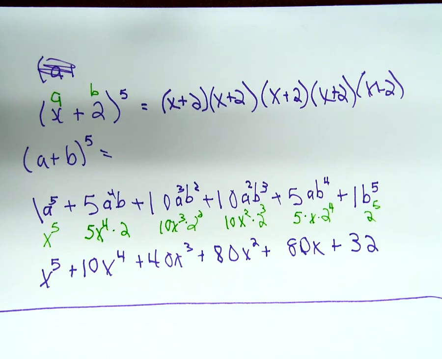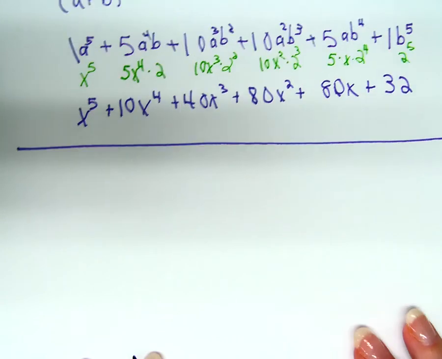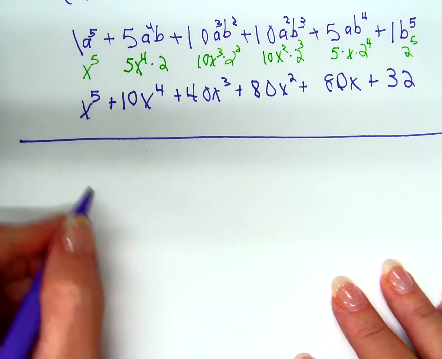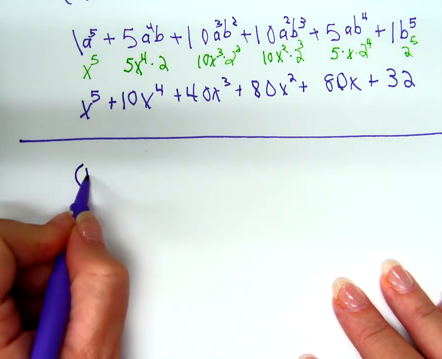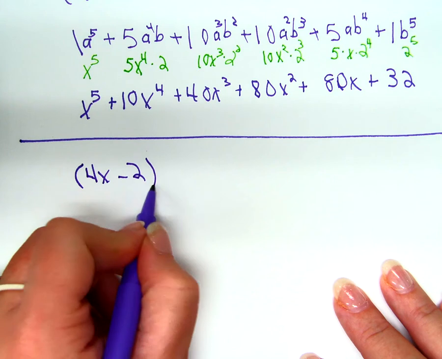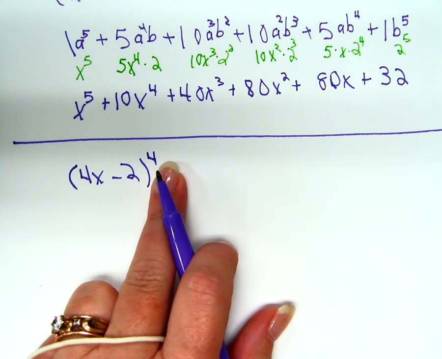So can we do one more example? Okay. I'll make it slightly easier and slightly harder. How about that? How is it slightly easier? The exponent is smaller, right?